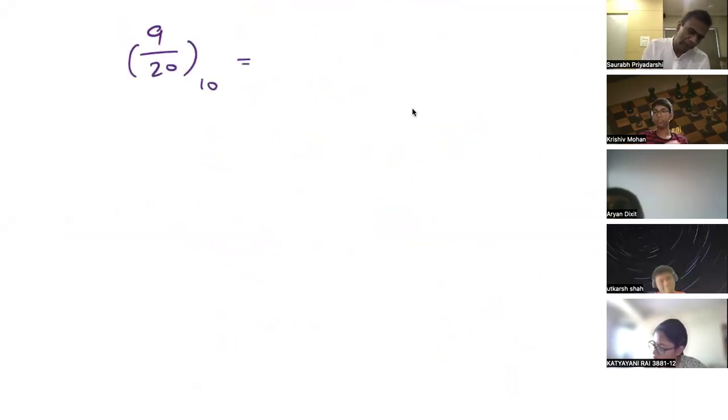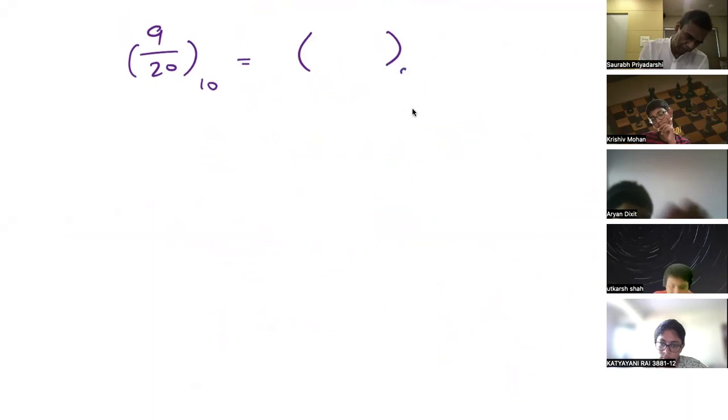Like I'm giving you 9 by 20 with base 10. We have to write this as a number with a base.